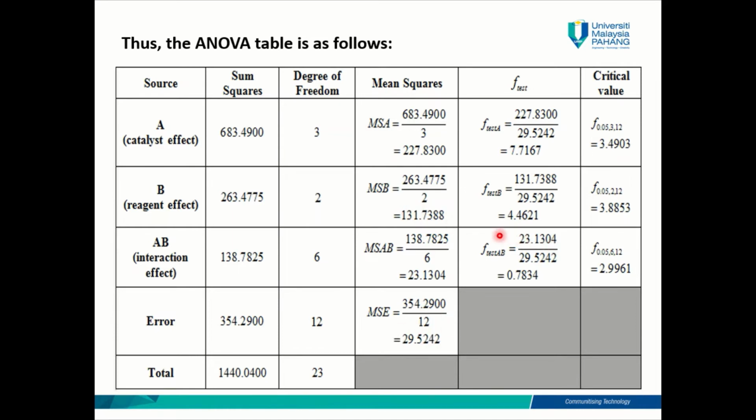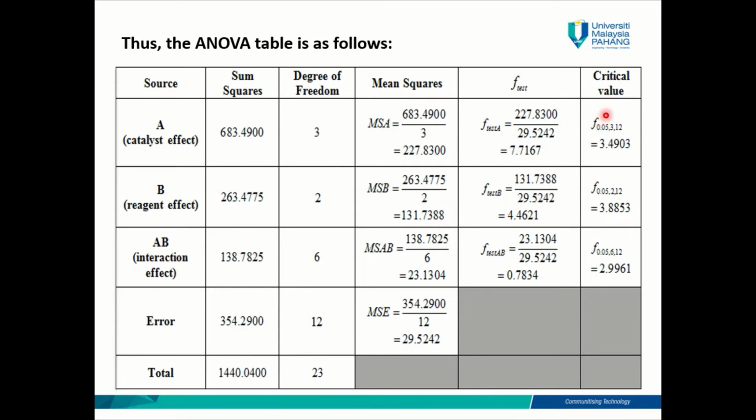For the third F-test, F-test AB, you take the MSAB divided by MSE. So that's the pattern. To get F-test, MS for that row divided by MSE. That's the formula for F-test. You can just try to memorize the pattern.